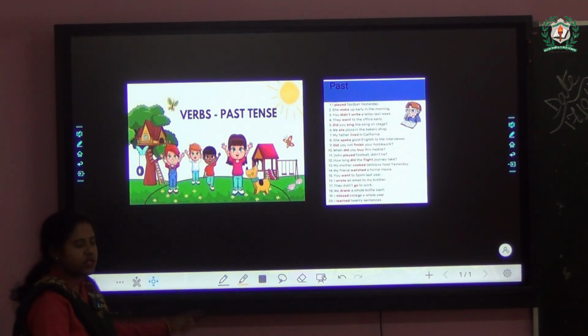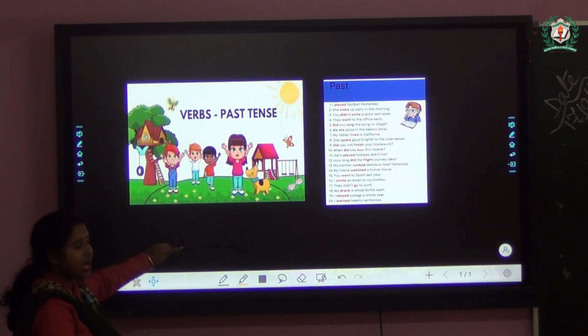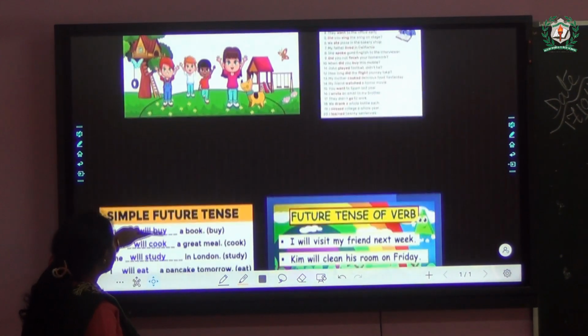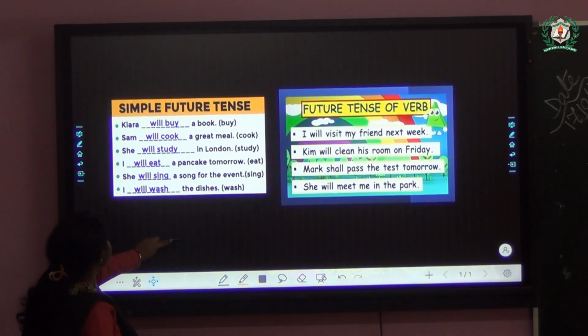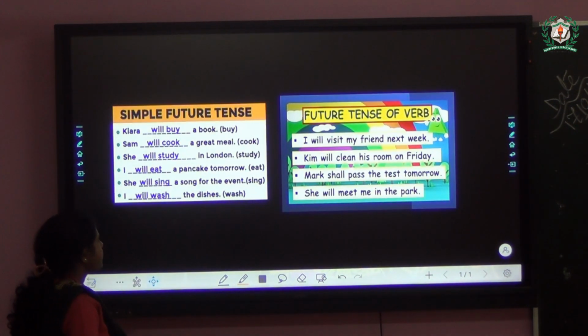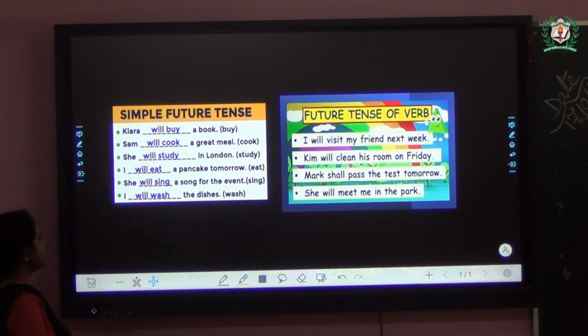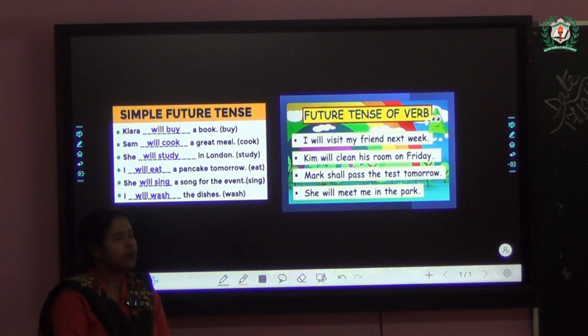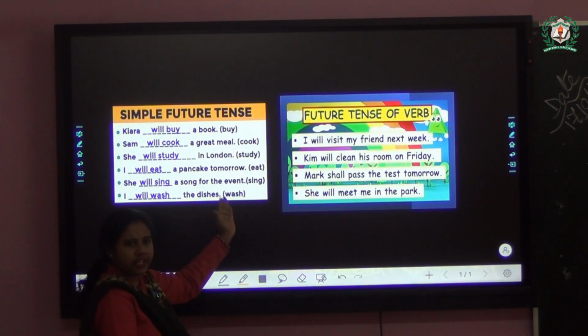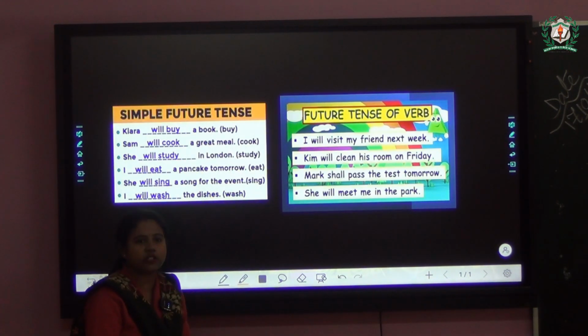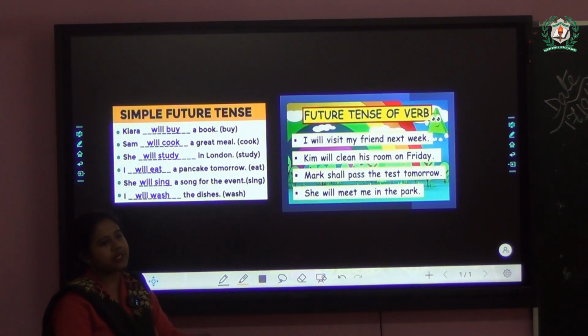Okay, children. So let's proceed to the third and final part of the tense, that is future tense. In future tense, children, I have told you, you should know the verb, and if you add will or shall to it, it will directly become the future tense verb.